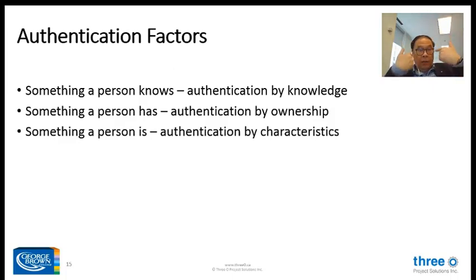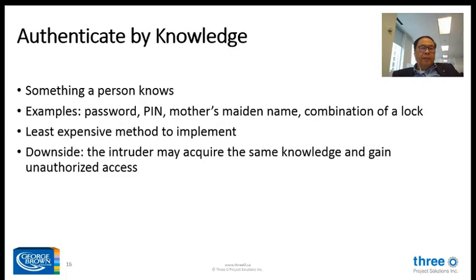What do I look like? Face recognition, or maybe biometrics like fingerprint, or voice print, or iris scan like the eye and so on. So that's something who I am, okay? Like physical features, characteristics.